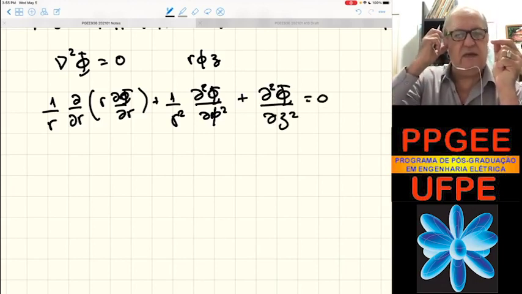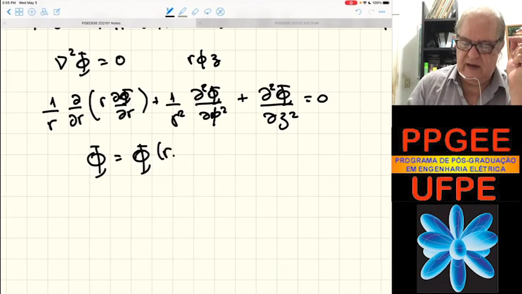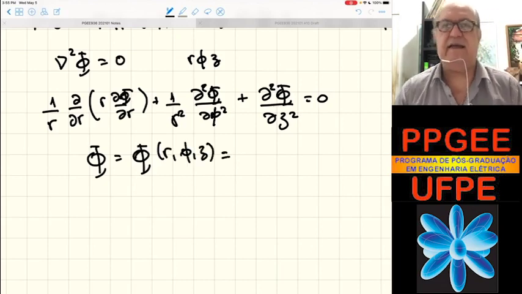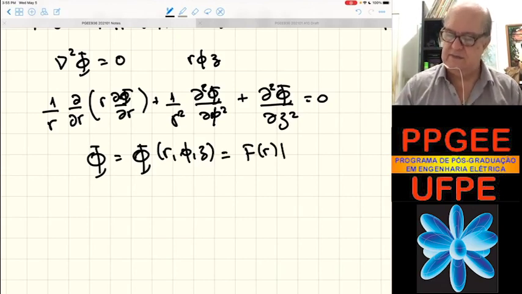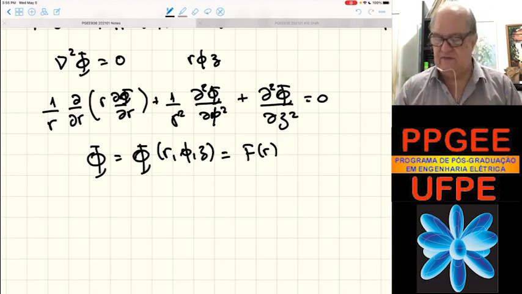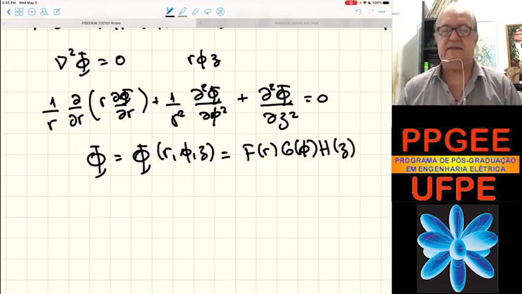Now we are going to assume that the function is a function of three coordinates, and that this function can be separated as before, as a product of three functions, F, G, H. F is a function of r, G is a function of phi, and H is a function of z.